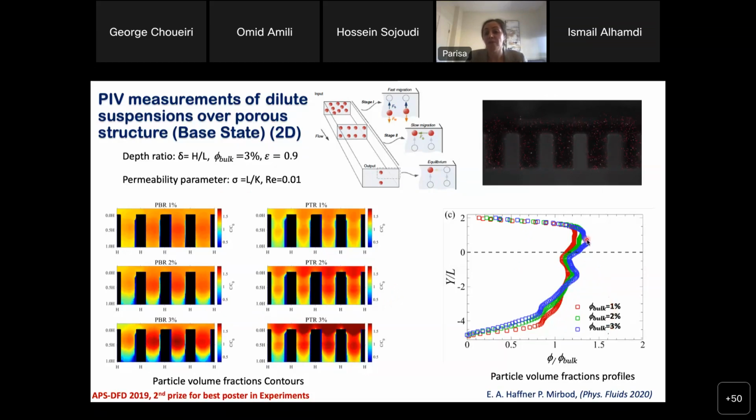The maximum of concentration occurs inside the free flow region, while we have another maximum that is also occurring in between the rods. So again, the same scenario of particle migration and banding occurs when we have fewer particles, let's say 1 to 3%.